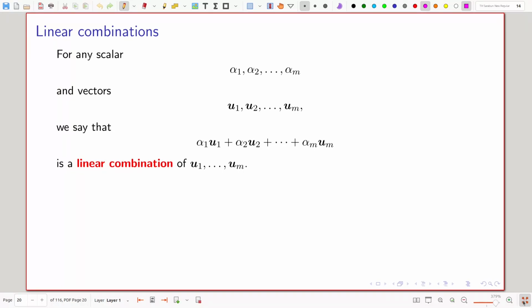Okay. All right. So in the exercise, you're given three vectors u1, u2, u3, and you would like to check if the vector 1, 0, 0 is a linear combination of those vectors. So let's look at the exercise.